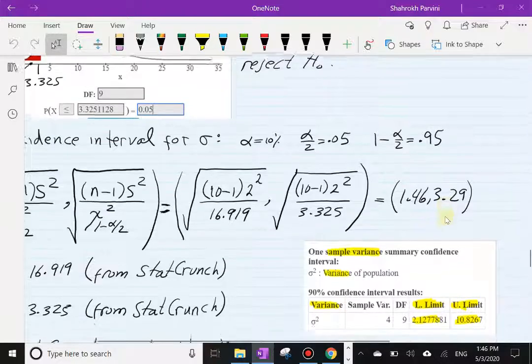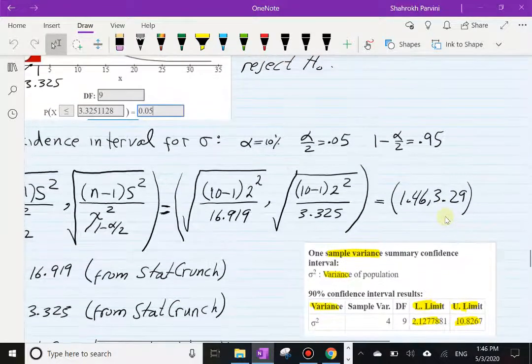Now check this out. When you run StatCrunch, remember StatCrunch does variances. They don't do standard deviation in this section. So look at the confidence interval. The confidence interval I got from StatCrunch, the lower limit is 2.213, call it.